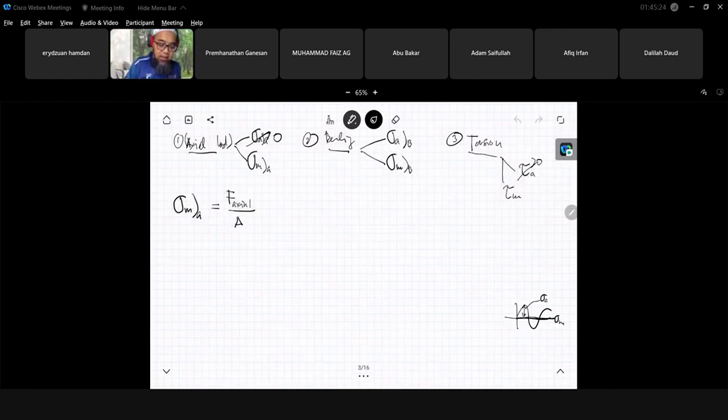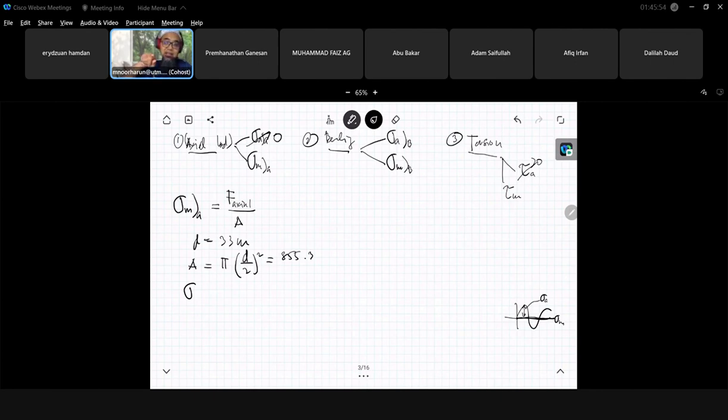Okay, this D equal to 33. So kita boleh kira A, we could calculate for A, pi D squared. So we get 855.3. Then sigma means steady load.